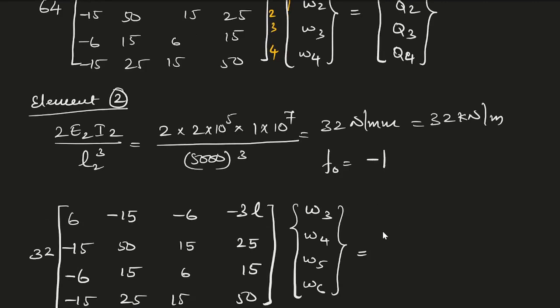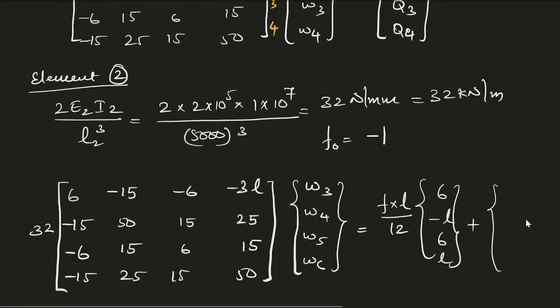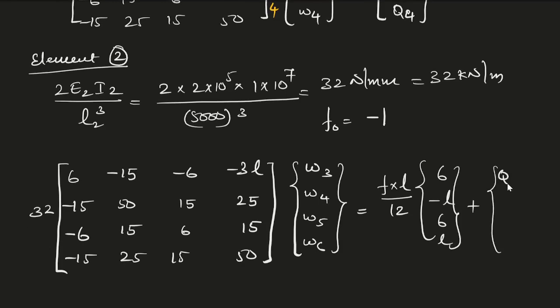So here the formula was F into L divided by 12 into 6, minus L, 6 and L, plus the addition of the shear force and bending moment, starting with Q3, Q4, Q5 and Q6.